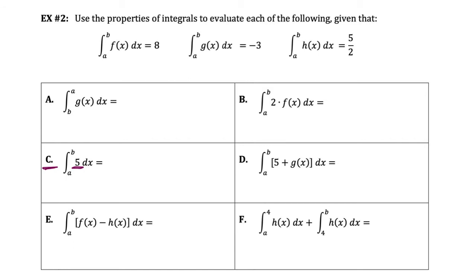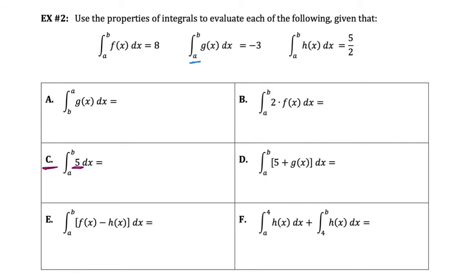For question A, we have here from A to B. Well, that's going to be messed up because we need it to go from least to greatest. So I don't know anything about the integral here from A to B of g of x.